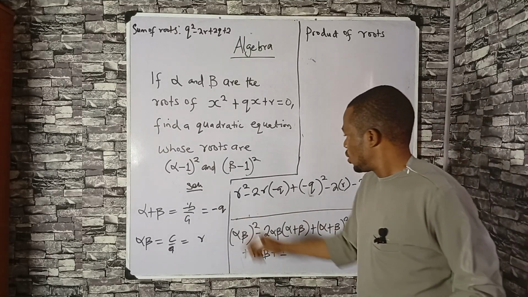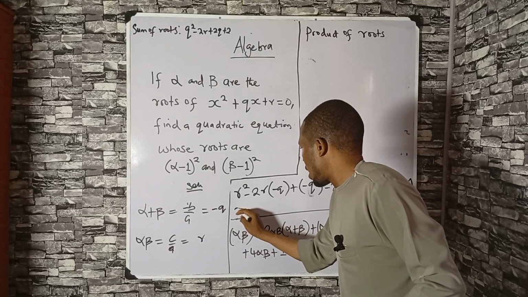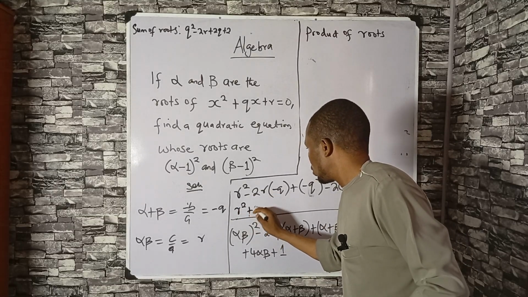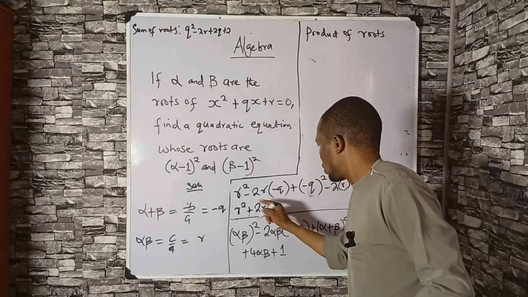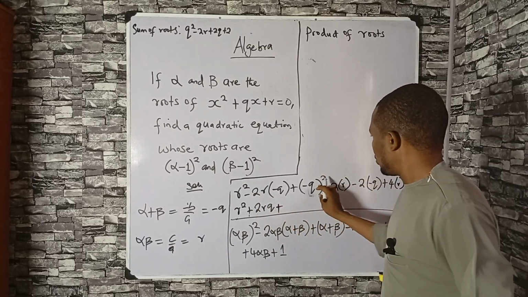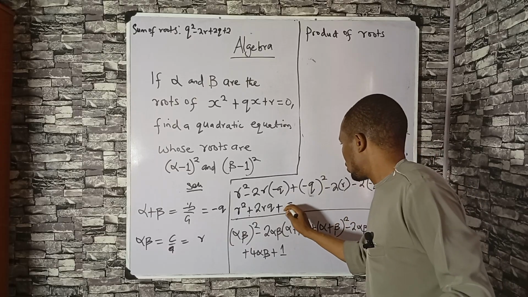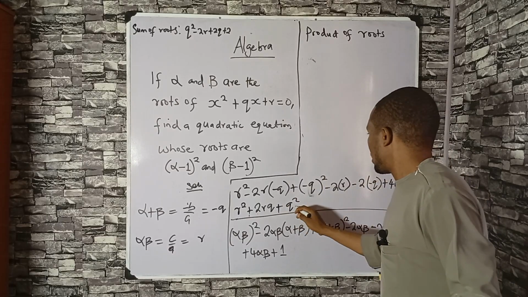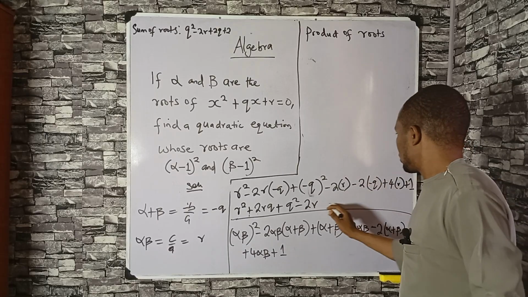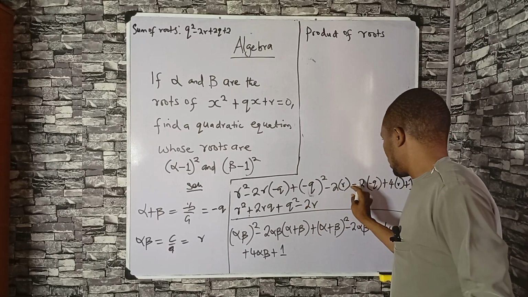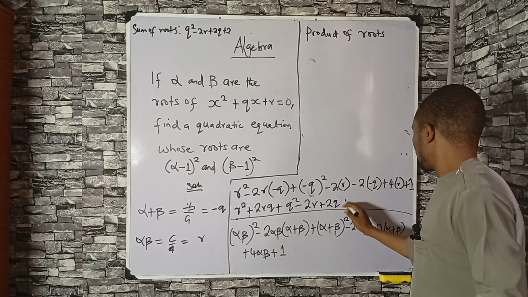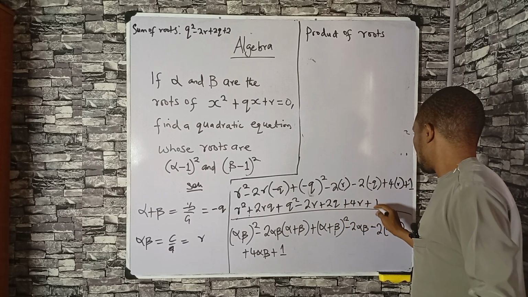So from here we're going to consider again, this is r squared minus that minus is plus 2rq plus, this will be positive because of squared there, that will be q squared minus 2r, then minus that minus is plus 2r, this is 1, then plus 2q for this, then plus 4r plus 1.